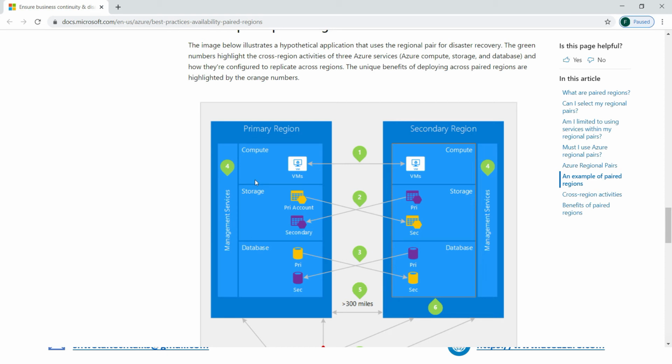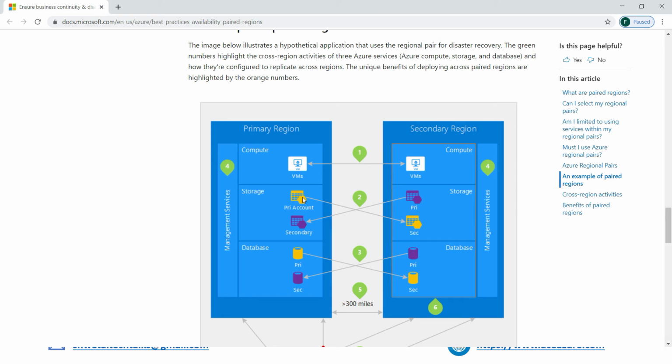If you see here, you have divided the services in three: compute, storage and database. So you have primary region virtual machines, and then you have virtual machines in the secondary region, which is its region pair. Similarly, for the storage, if you have enabled geo-redundant storage, this is the primary account.